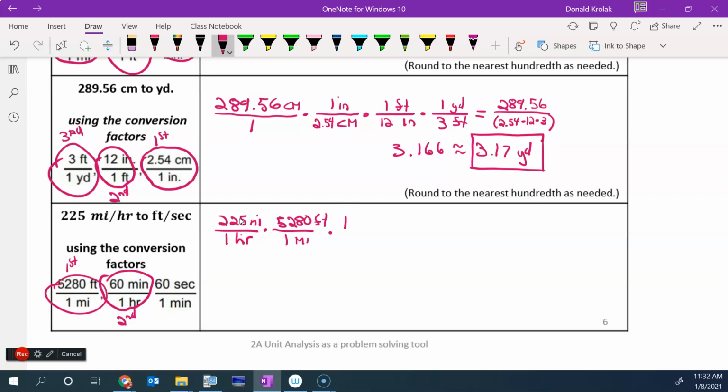That's going to give me 1 hour. Whoops. Let's see, I got hours. I want to get my hours out of there. So I want hours to be on the top so I can get rid of it. So miles are gone. I'm left with feet. That's what I want. Now the hours are gone.